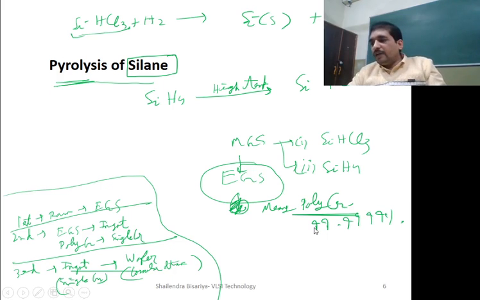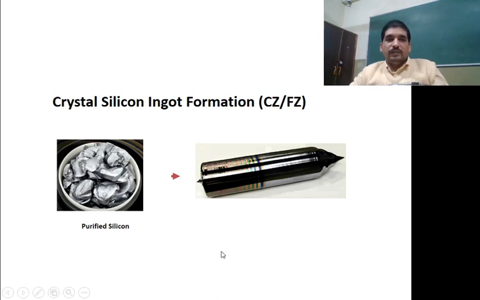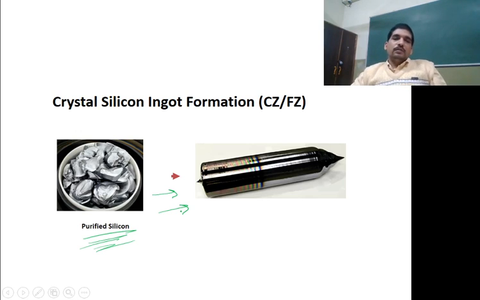So up to this point we have discussed right now. In the next lecture, we will discuss the second step, that means EGS to ingot formation. We have obtained this purified silicon EGS, and then we are going to obtain this silicon ingot in the next step that we will discuss in the next lecture.